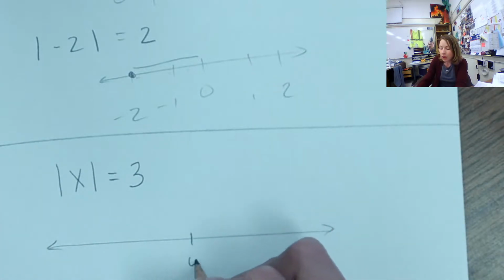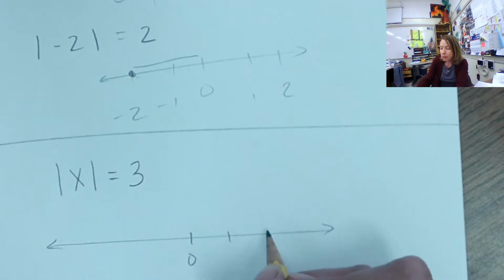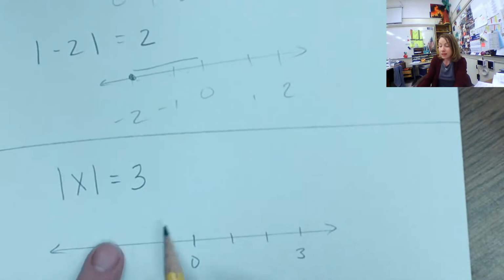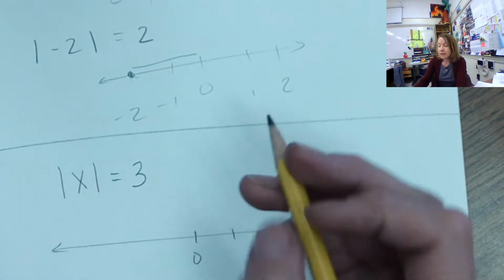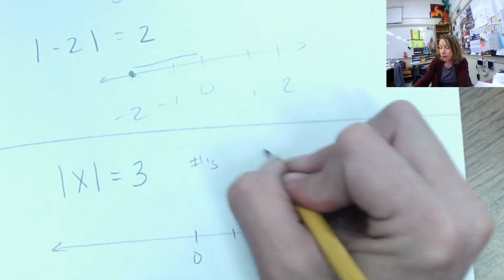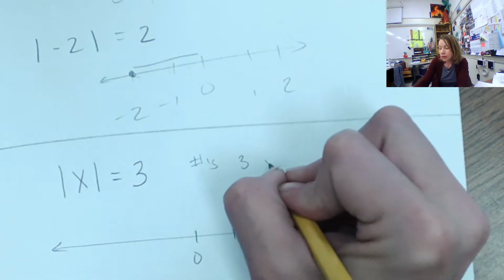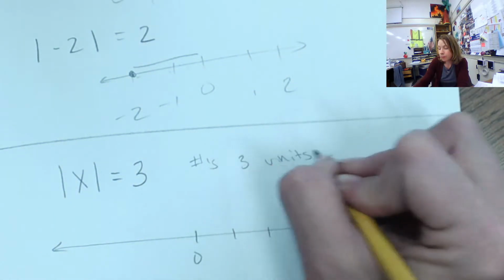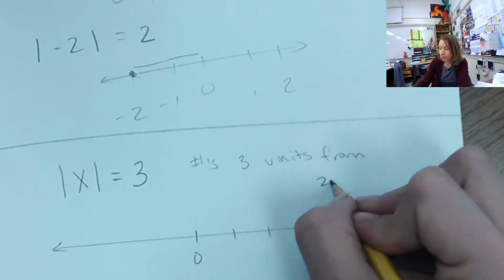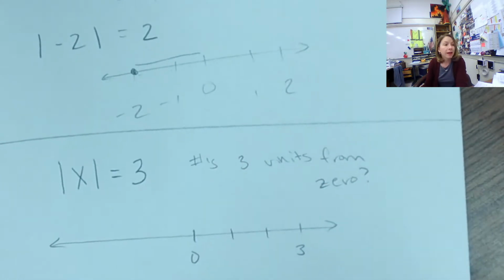What numbers are 3 units away from 0? Well, 1, 2, 3, because that's all that this means. This is just asking us what numbers are 3 units from 0. That's the question that we're being asked.